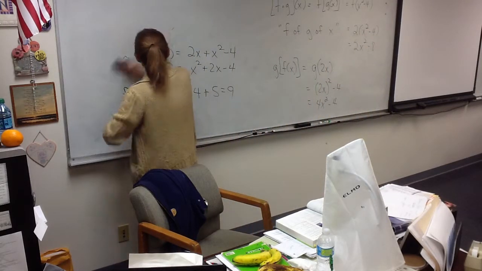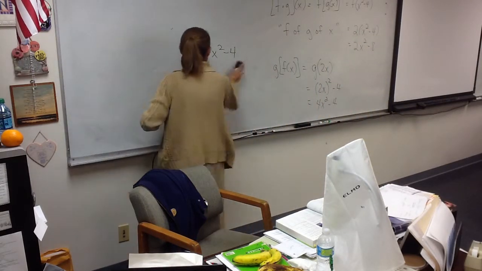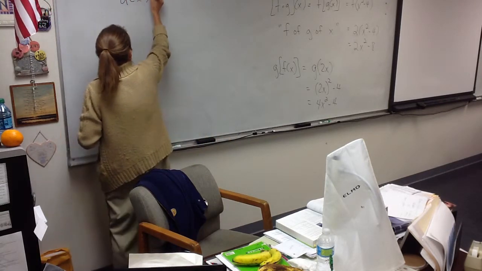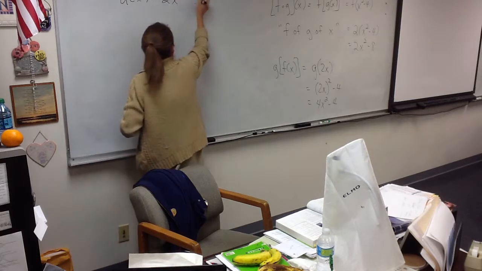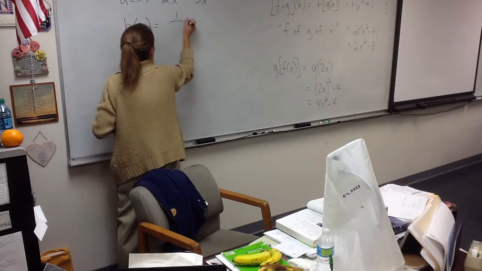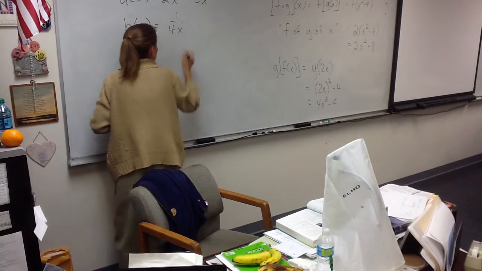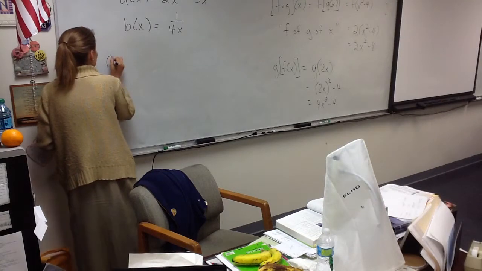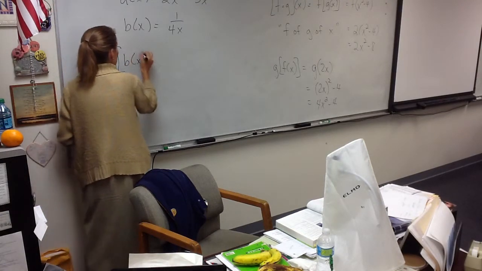Let's try another one, see if you got it. You did this last year, so this should be better. Let's say a of x equals 2x squared minus 3x, and b of x equals 1 over 4x. Okay, here are our functions. Can you find a of b of x?